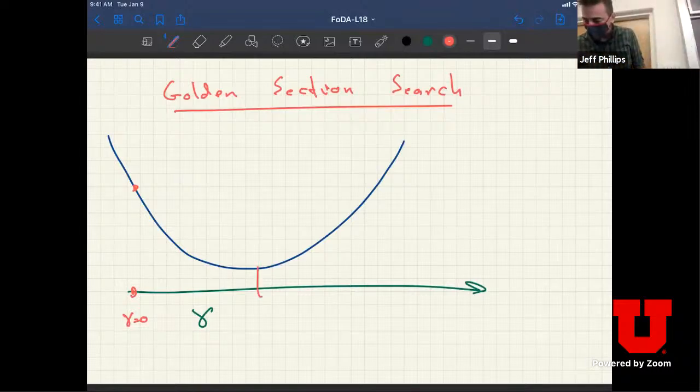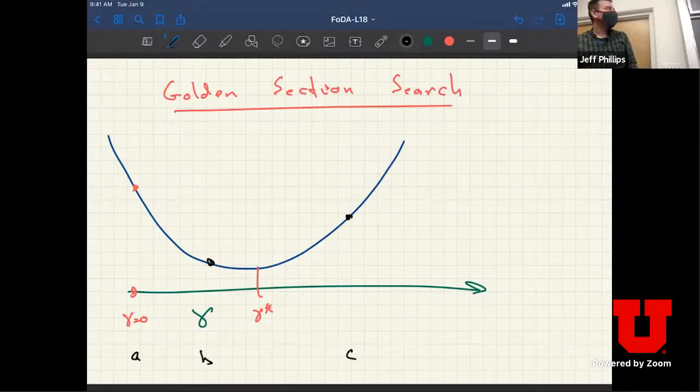This point would correspond with this optimal gamma star. So I need to evaluate a few places. Typically I'll pick two choices: I have the original choice, another one, and a third one, A, B, and C.